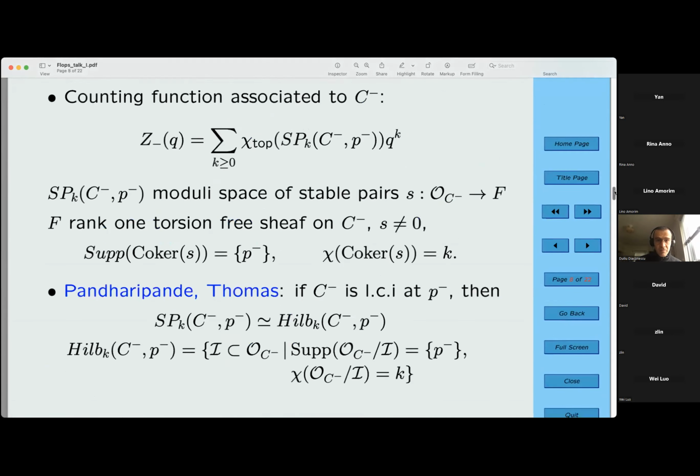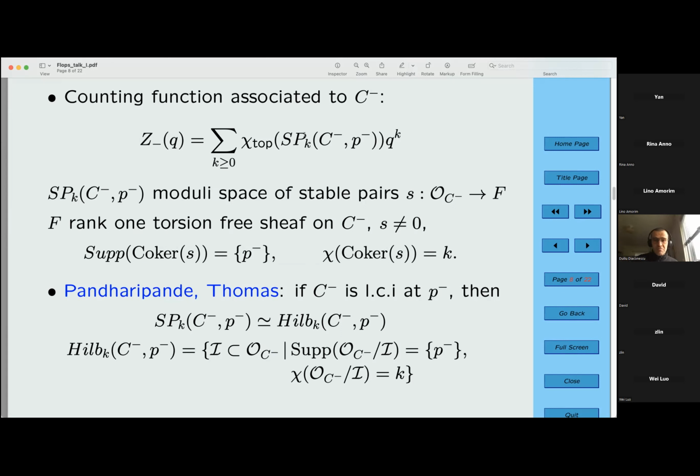It's not about the length of the sheaf. So, for example, chi of O_{C minus} quotient by I, no. This is not the holomorphic Euler characteristic of a sheaf. This is just the topological Euler characteristic. Well, it's a singular scheme.